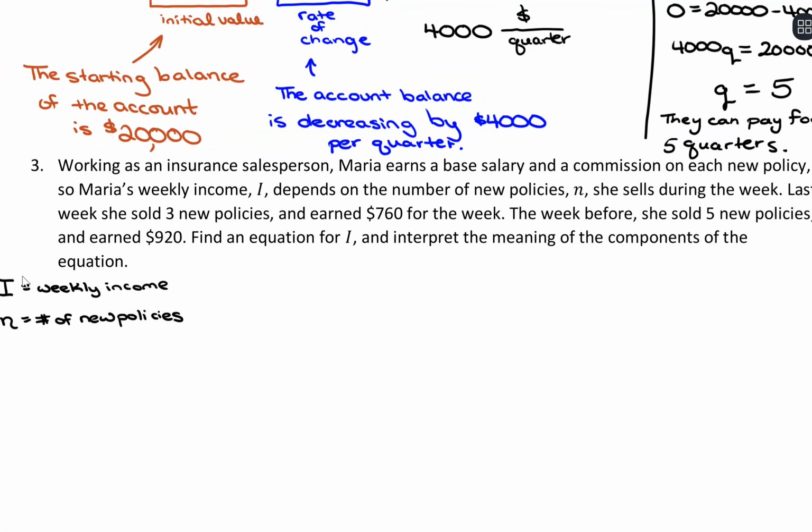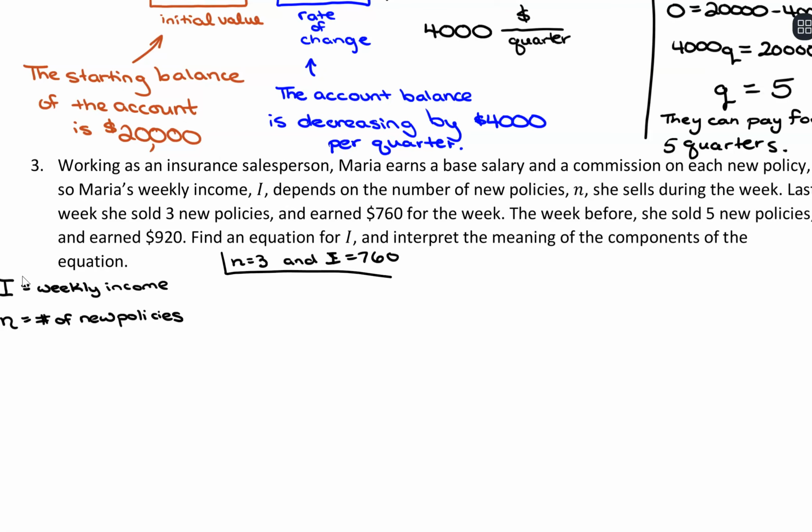Okay, so last week, she sold 3 new policies and earned $760 for that week. So we are getting this relationship between... one scenario of N equals 3 and I equals 760.